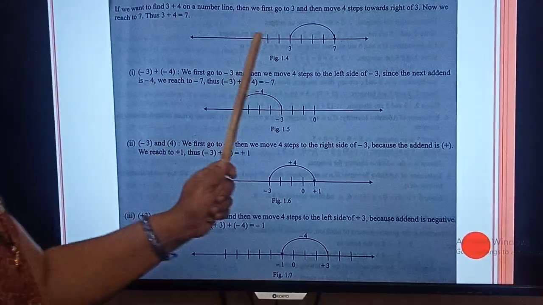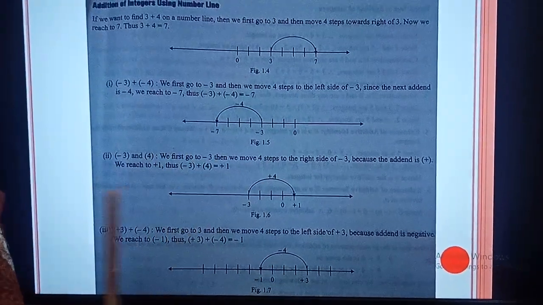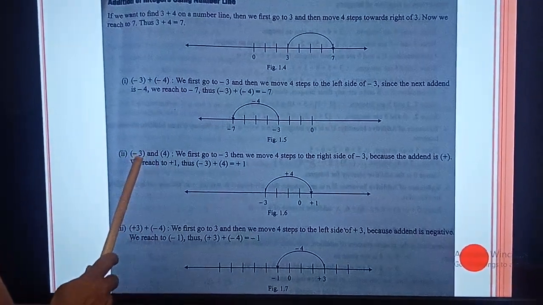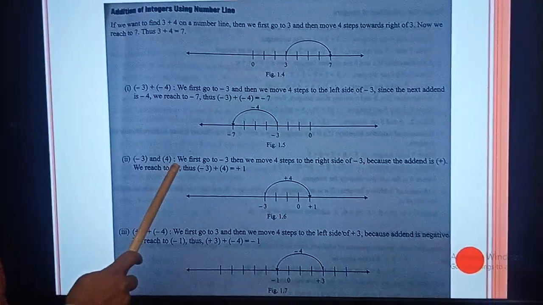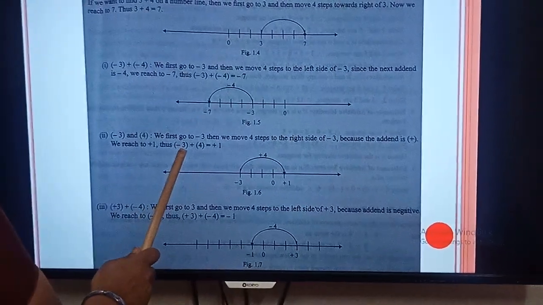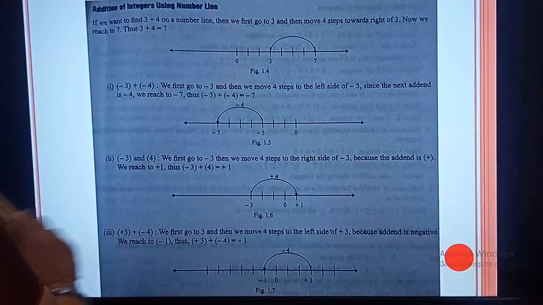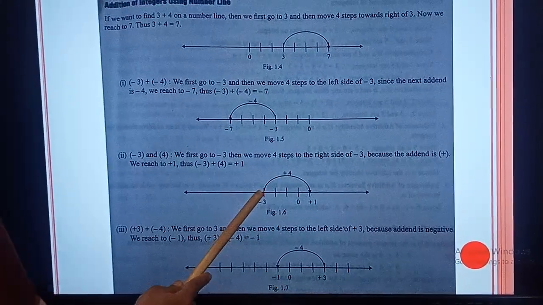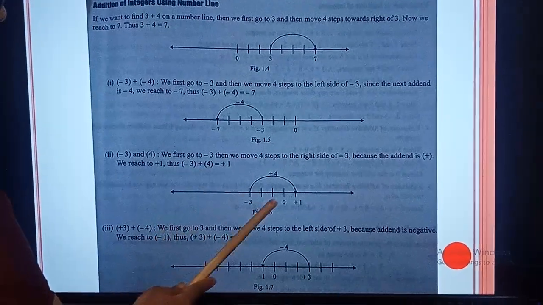Okay, fine. Here both are positive, both are negative. Very easy to add. But if one of the integers is negative and one is positive, then what happens? So here is the example. Minus 3 plus 4. So 0 is here. First we move to minus 3 because the first number is minus 3.